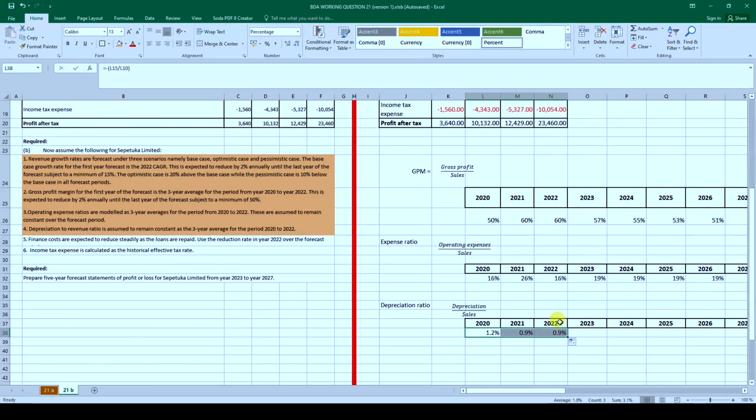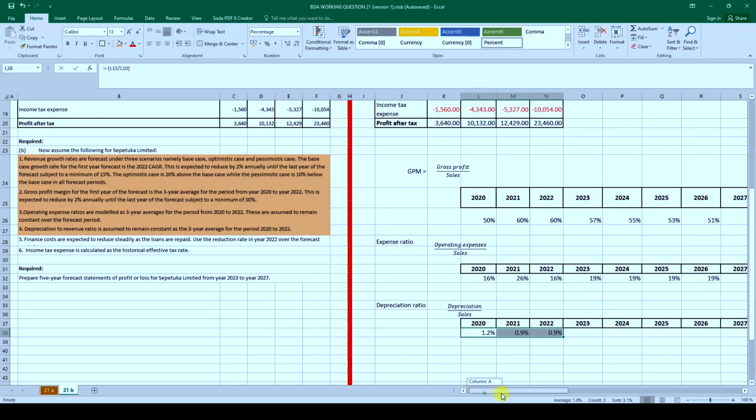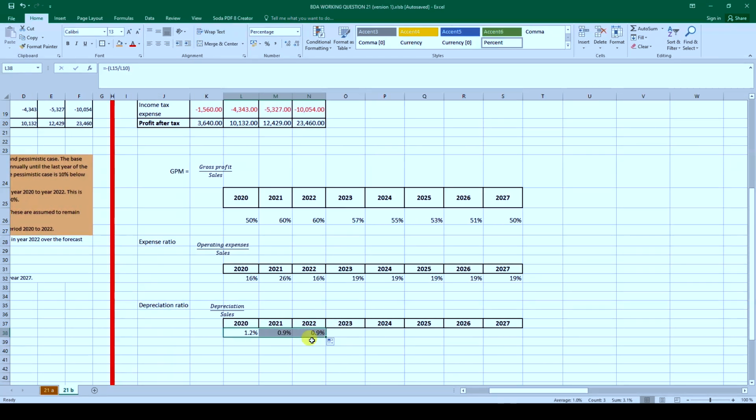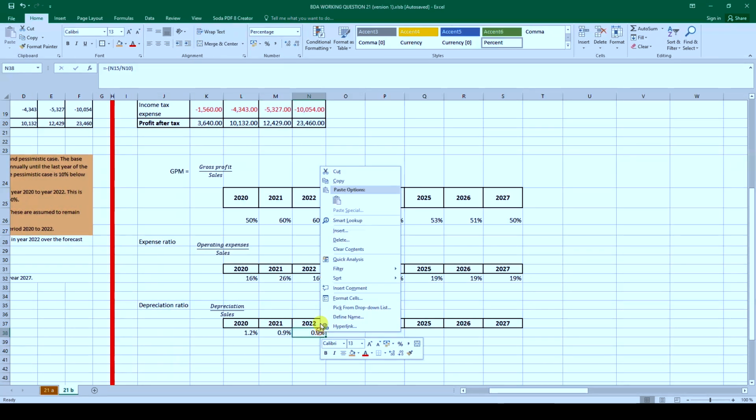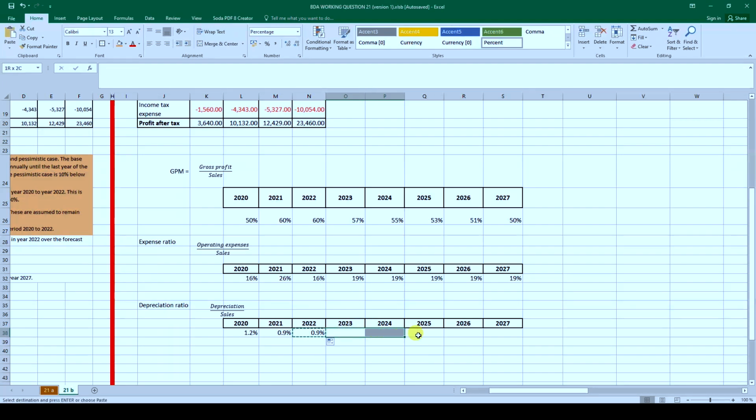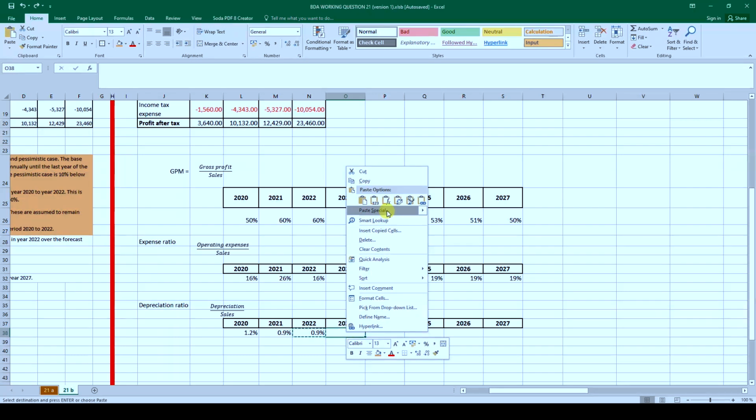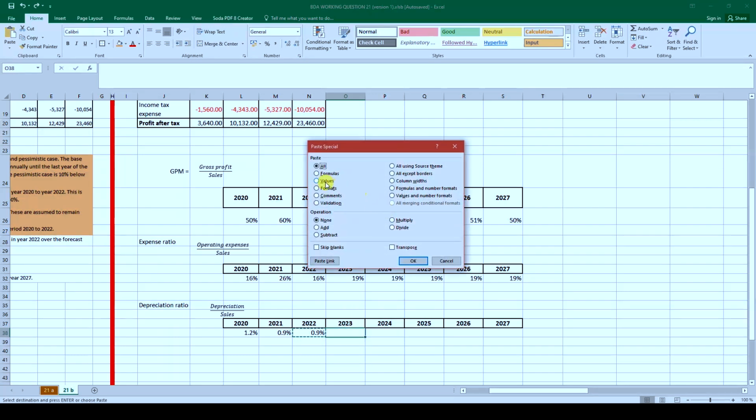What have we been told from 2023 to 2027? Depreciation to revenue ratio is assumed to remain constant for the 3-year average 2020 to 2022. So it's the average. So it's going to be 0.9%. So you just copy that value, paste, Control V. Undo that. Then you use Control paste special, values, because it will pick the formula right over here. Values.